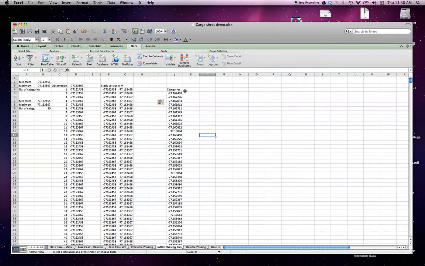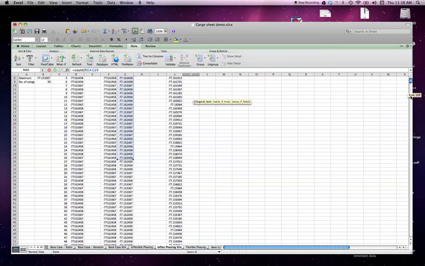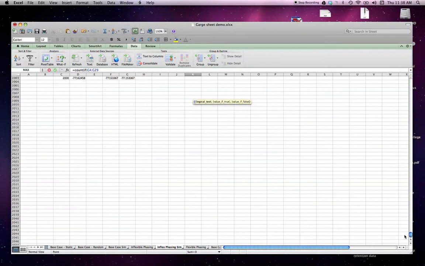Okay, so now what we can do is do that COUNTIF. Whoops, let's count if. Once again, these values. And I'm going to go all the way down again. There we go.